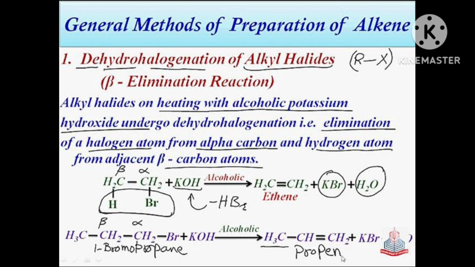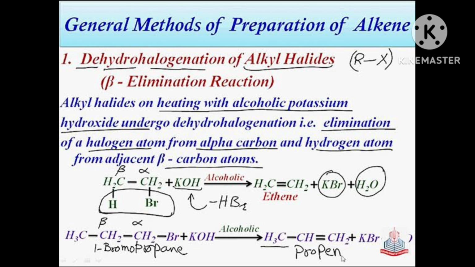Alkenes thus obtained have cis geometry. Whatever alkene we get will be in the cis form, meaning the same groups on both carbons are adjacent. I am talking about the groups, both H or both R, alkyl groups.